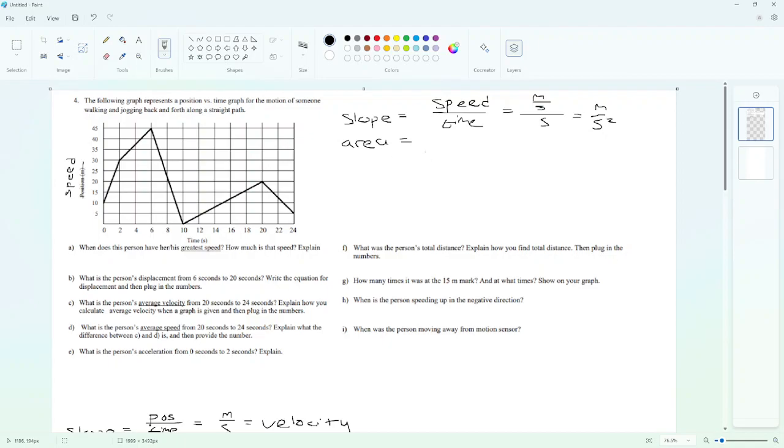As for area, speed times time will give you displacement. Or actually, in this case, it's not displacement, it's going to be distance. No, I'm right. It's going to be displacement.